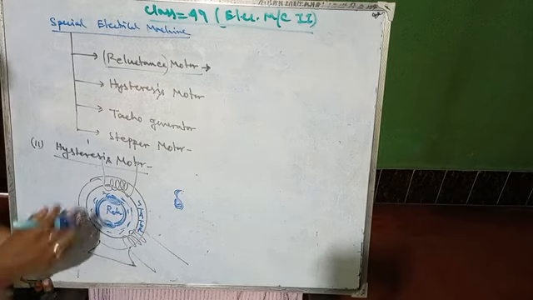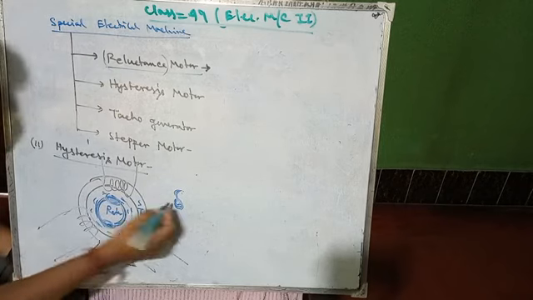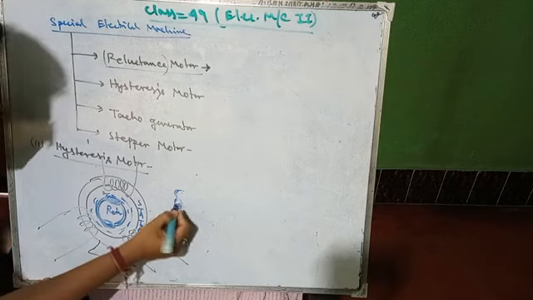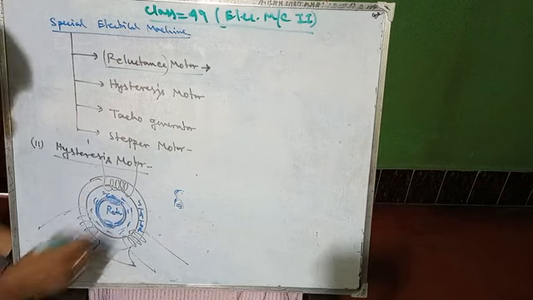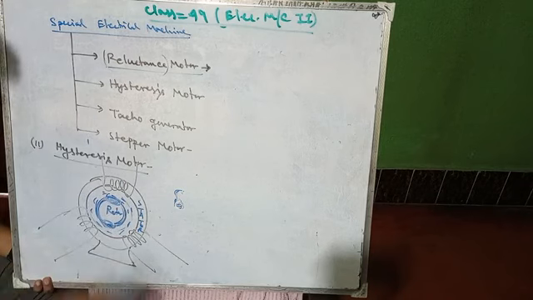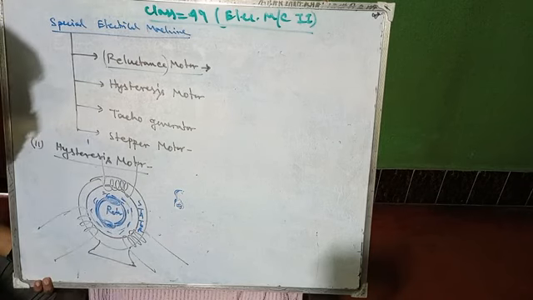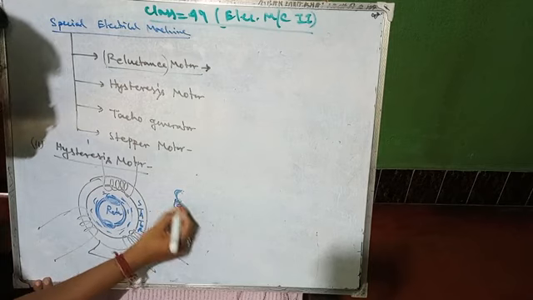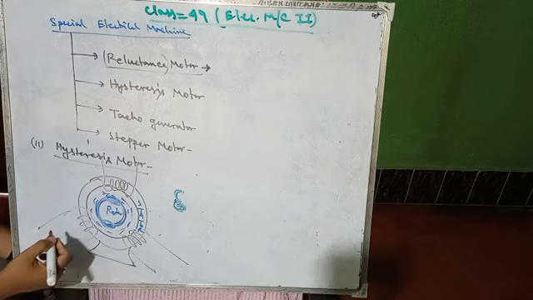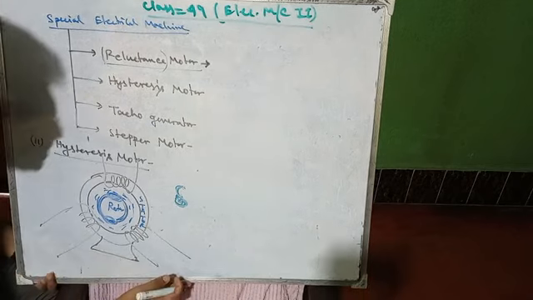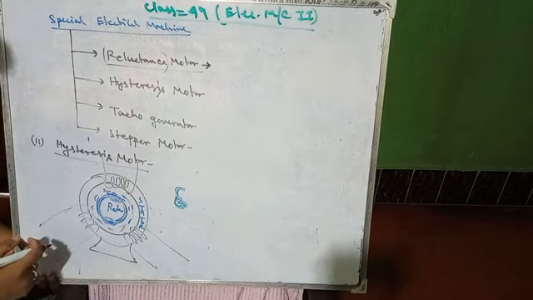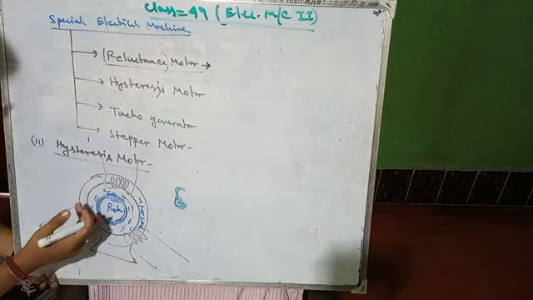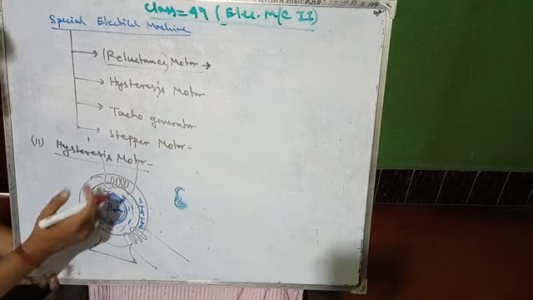That means due to this hysteresis loss, the lagging happens between the flux produced by the stator and the rotor. And when there is a lagging between the two fields, there will be a relative motion between the stator magnetic field and the rotor magnetic field.